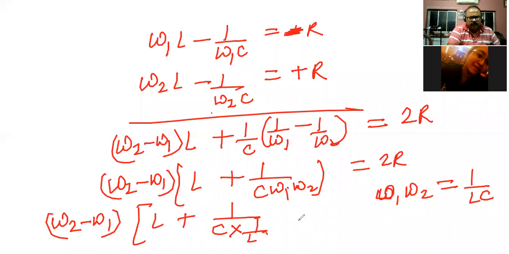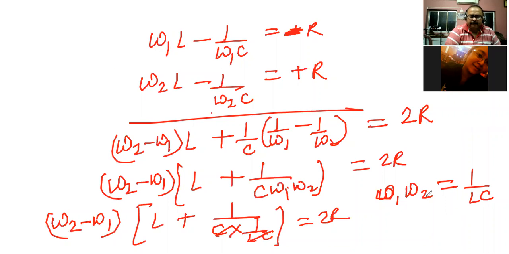So this is equals to 2R. So C's get cancelled. L will be going to the numerator. So you'll be getting omega 2 minus omega 1, and this will be equals to therefore L plus L, and this will be equals to therefore 2R.